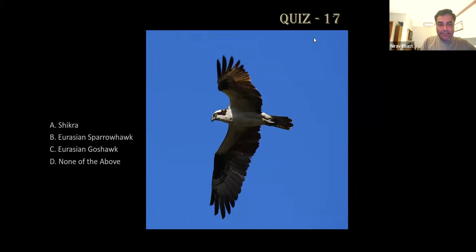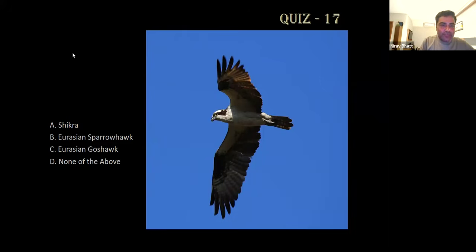Correct. So this was a trick question. With all the other understandings of a dark eye mask, prominent supercilium, and all being seen with long wings. It is not a Eurasian Sparrowhawk, not a Eurasian Goshawk, it's an osprey. Because it's not an accipiter at all.